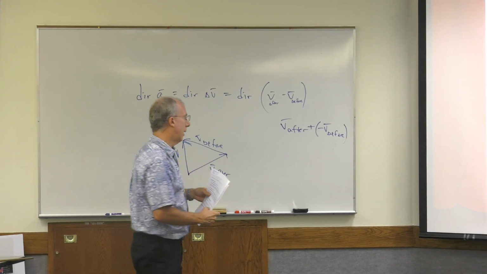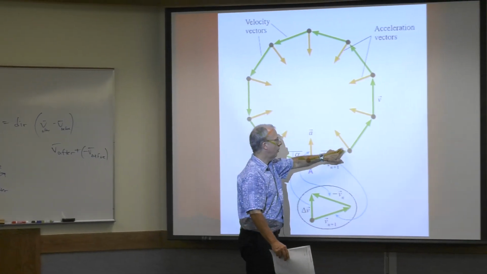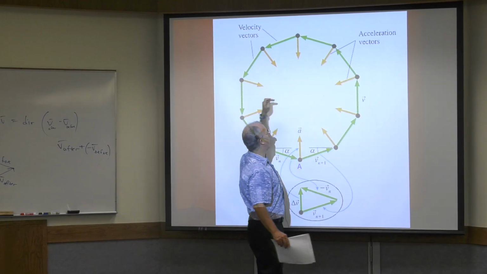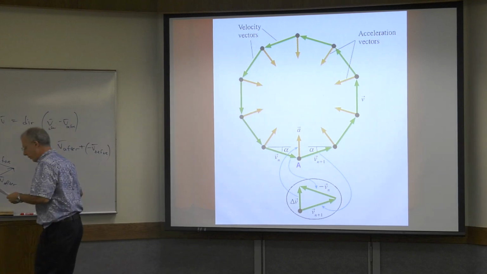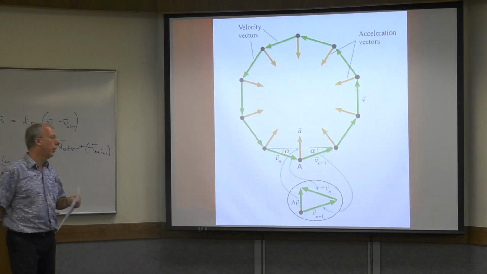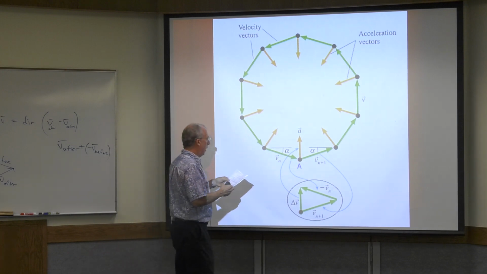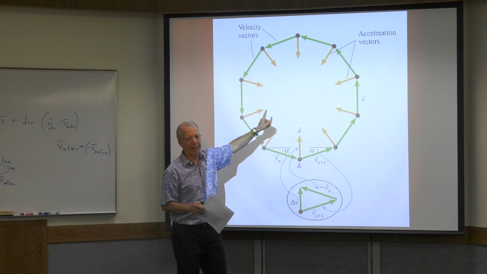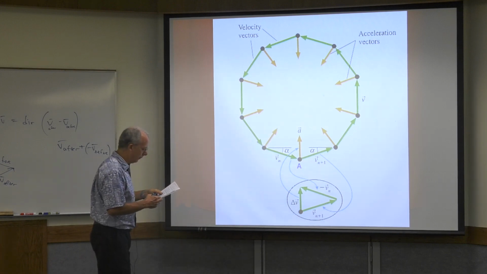And there's nothing special about point A, right? You could do this at any point you want, and the acceleration vector is always going to point towards the center of the circle. Always. Okay? Sorry to say this, but we'll talk about this much more later.